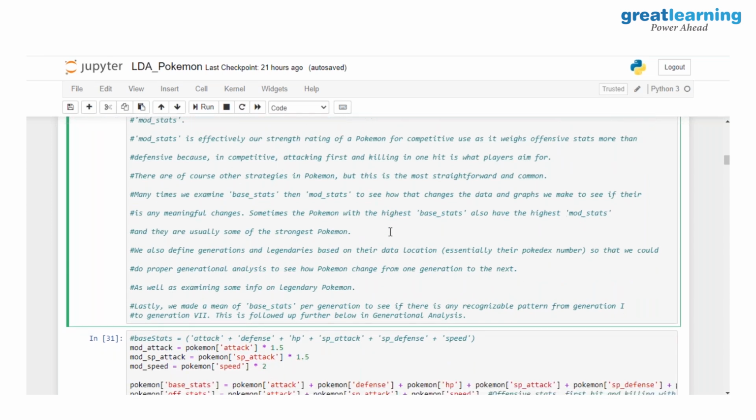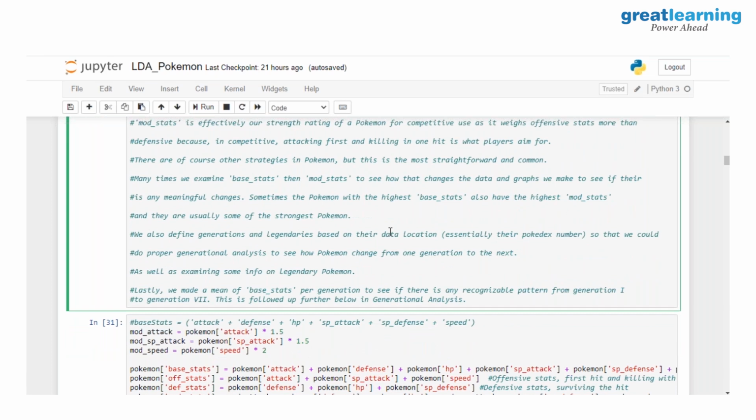Now you can always play around with multiple strategies. Of course, in a game you can come up with some defensive strategies sometimes, and sometimes very attacking strategies. That's very fair. But we had to go by assumptions, right? So we created these stats, we created these basic features, and saw how the data changes and how the graphs could give us more understanding of what's happening with the different generations of the Pokemon. What is happening with the different legendaries of the Pokemon.